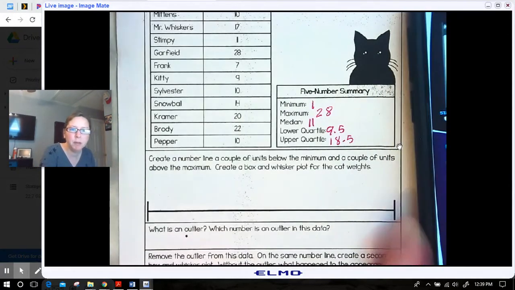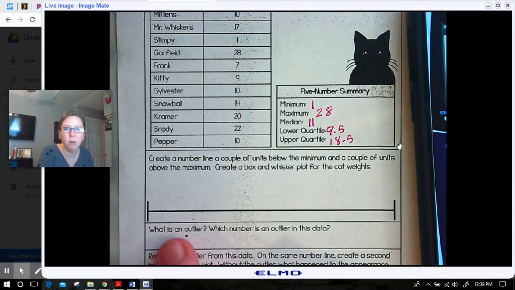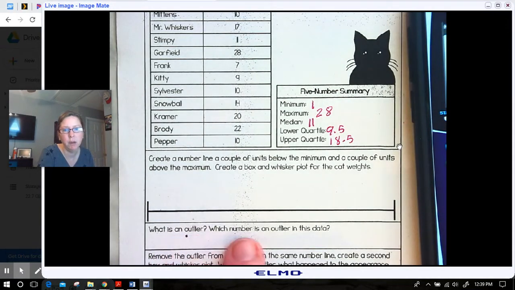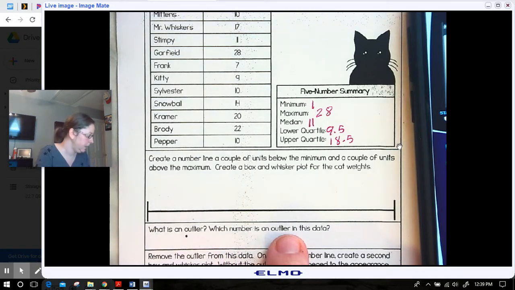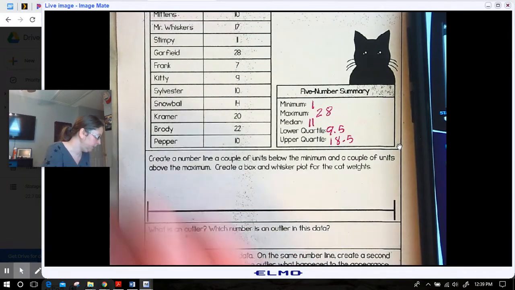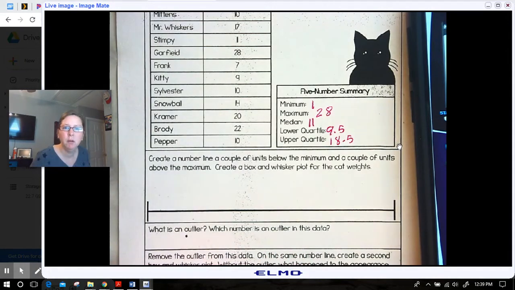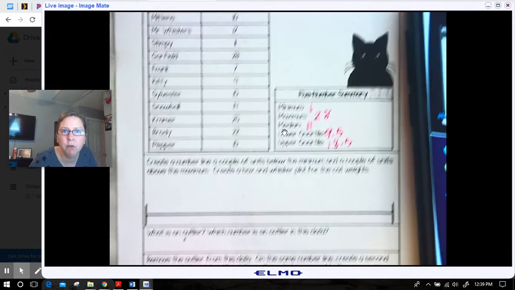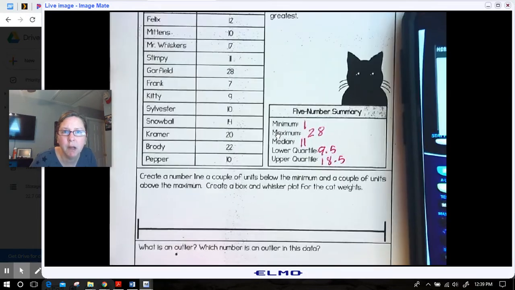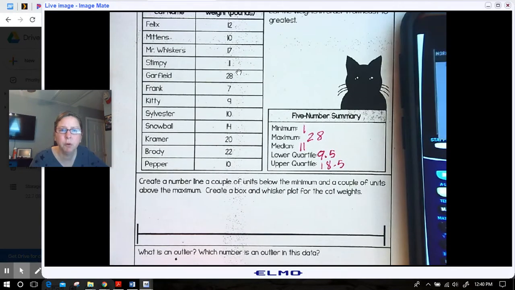So what they want me to do is figure out what is the outlier. Whatever number is the outlier of the data, we need to take it out of the data. So looking at these numbers up here, which one is the outlier? Further away, the 1 or the 28?